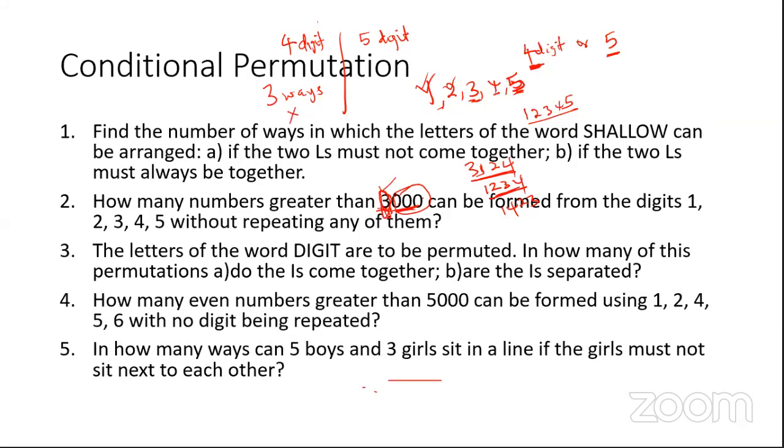If I've picked 1 out of these, I'll be left with 4 digits. I need to fill 3 positions. So in that case, it will be 3 ways times 4 permutation 3.